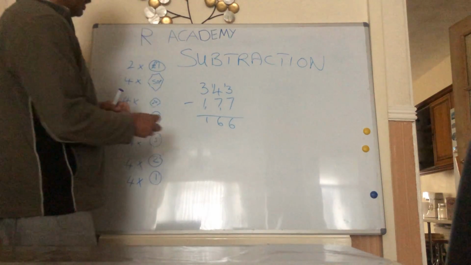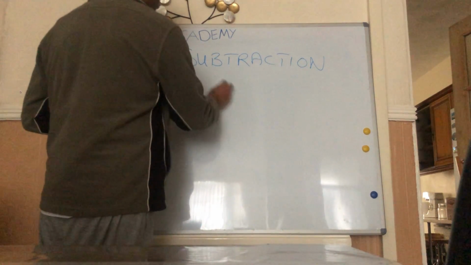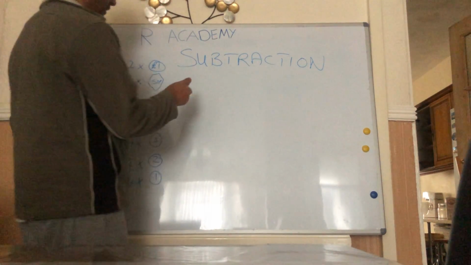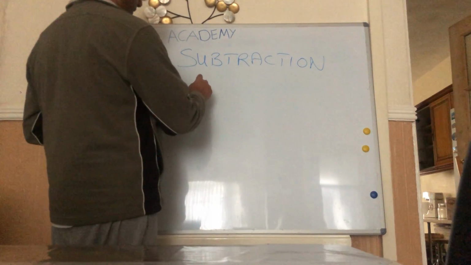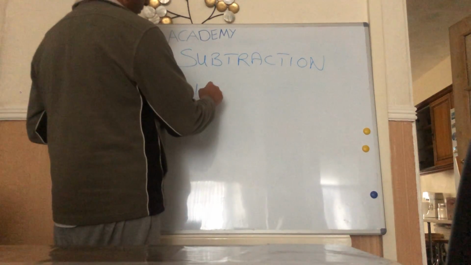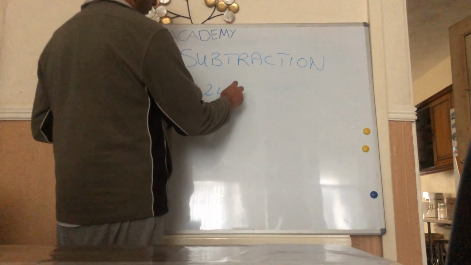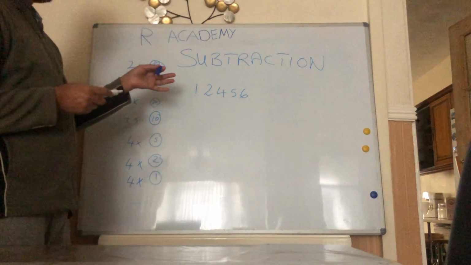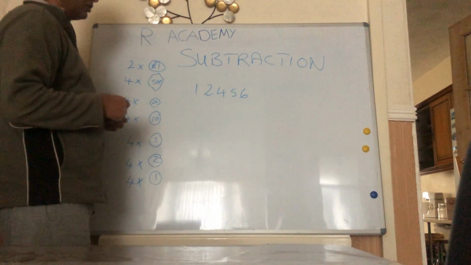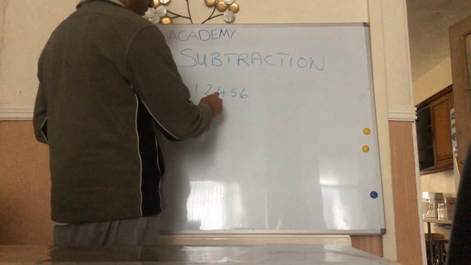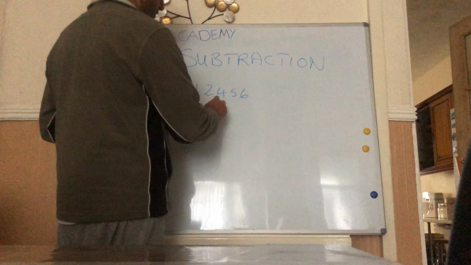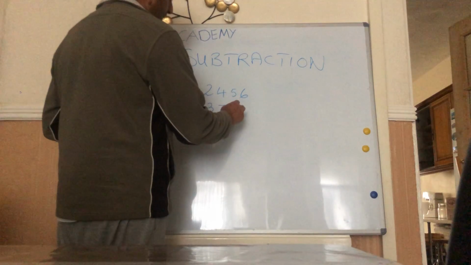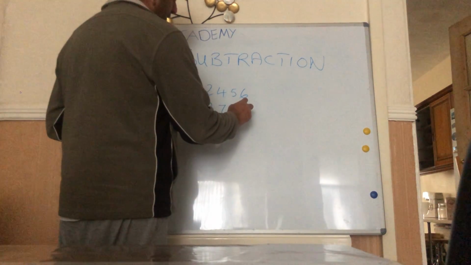So giving you a long number gets slightly complicated. This is where the importance is of, say we got 12,456. It's quite a large number. And we wanted to minus, say, 3,778.